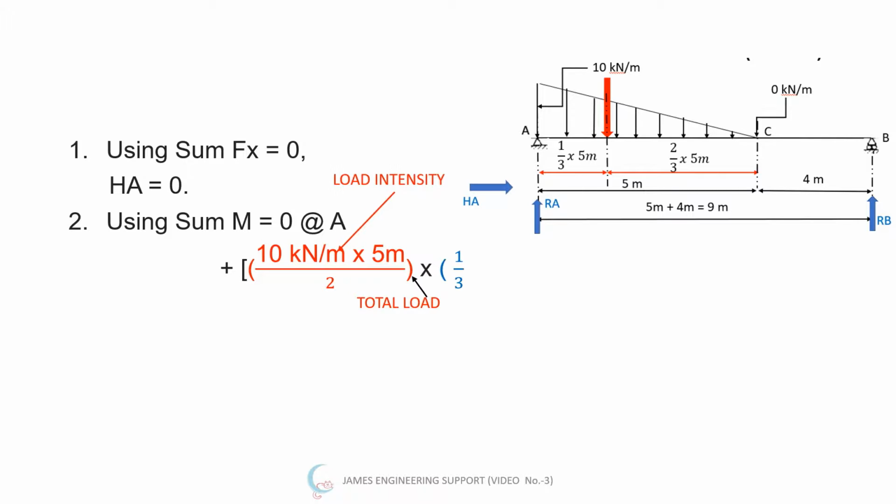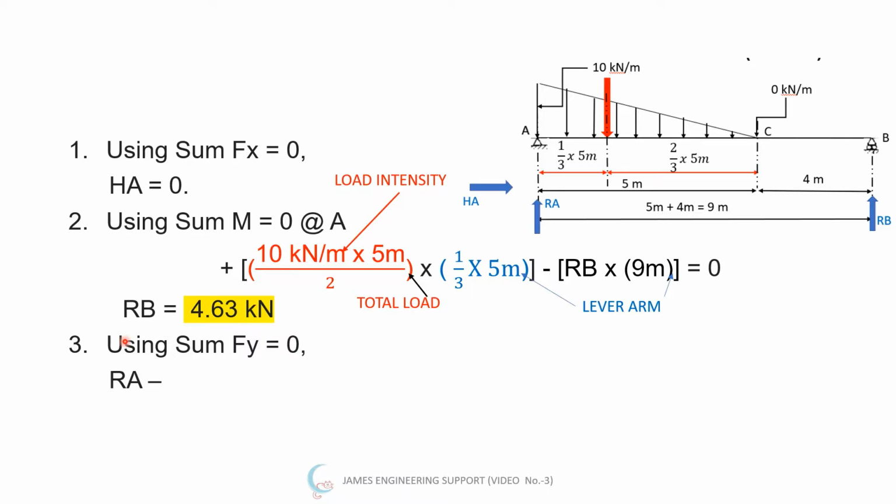Then we will consider the lever arm 1/3 of 5 meter. Then we will consider the anti-clockwise moment, that is RB negative multiplied by total distance 9 meter, 5 plus 4. And after equating it to 0, we will get RB as 4.63 kilonewton.